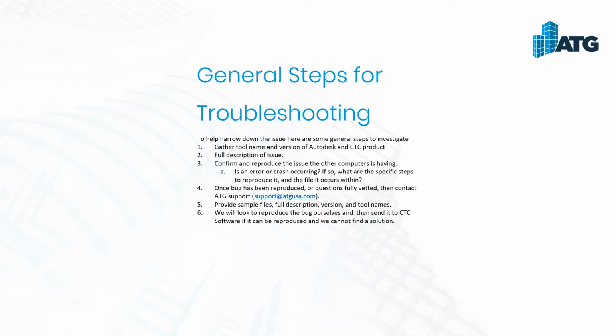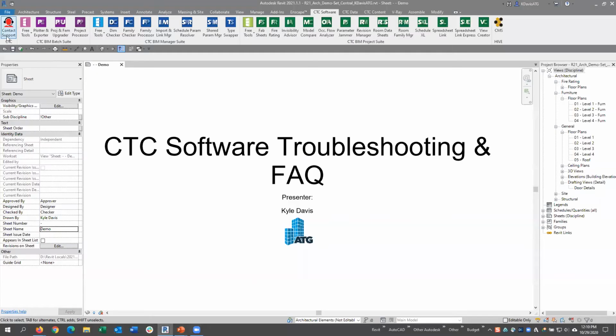And there are multiple ways to contact support once you have this information. You can send it to the email address support@atgusa.com. But one of the other features is that you can send it by using the contact support button within the tools. So here you have the CTC Software tab, and then there's a contact support button.